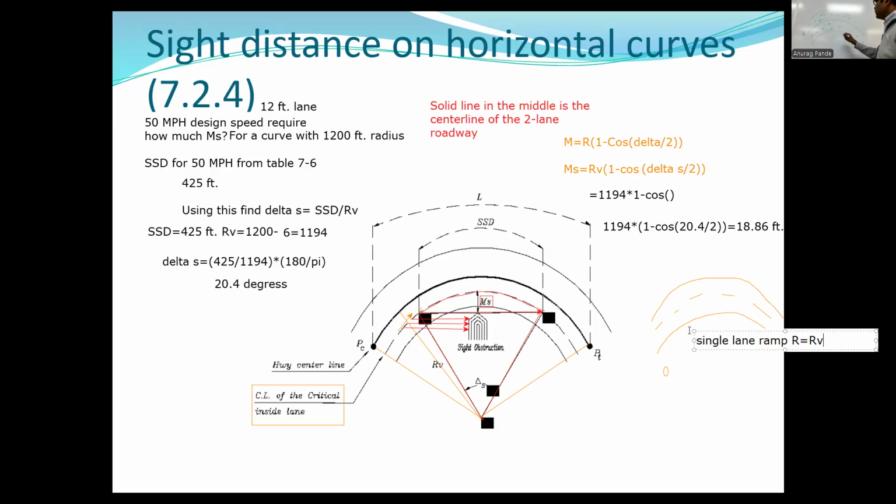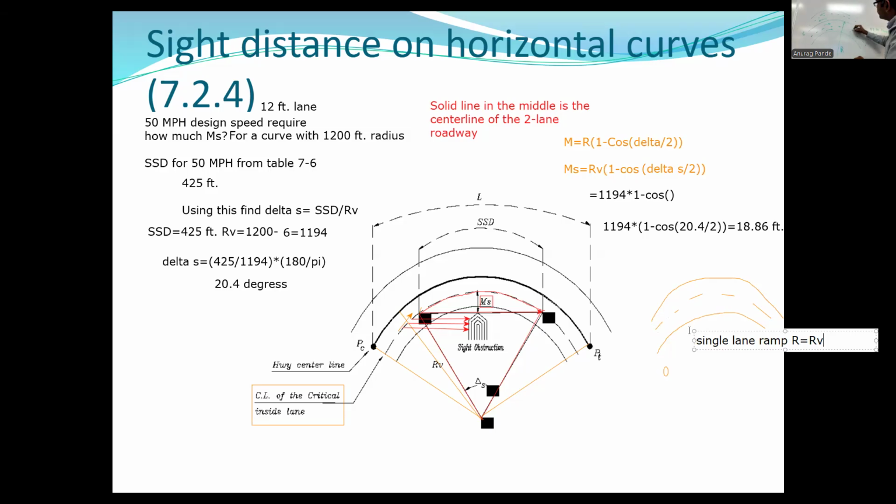Now, R will be measured from the center line of the alignment. So this will be my R. And let's assume 12 feet lanes, meaning 12 feet wide lanes. What's going to be my RV value here? Your R is measured from the center line of the roadway alignment.